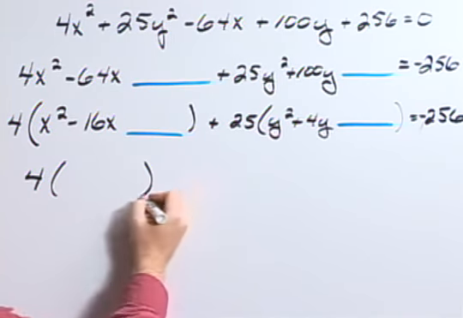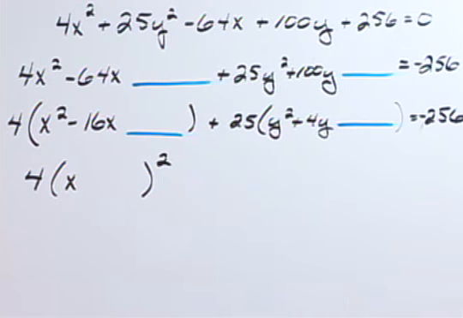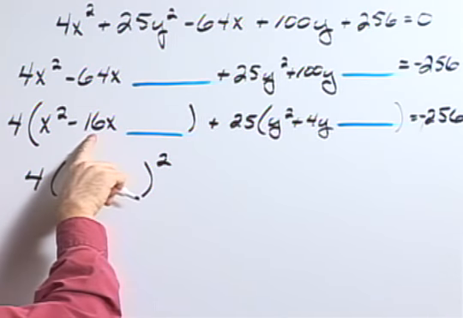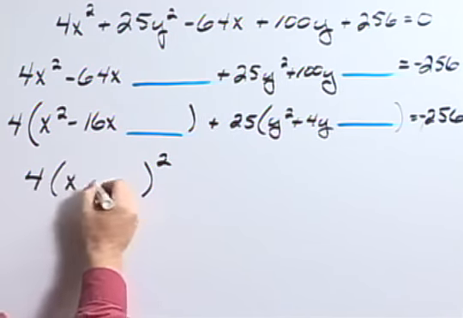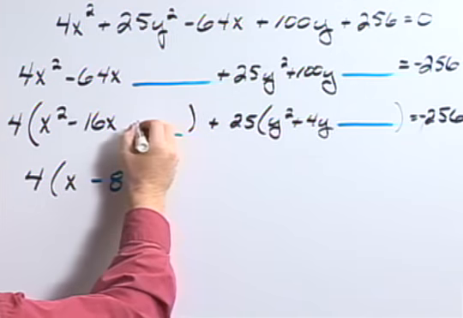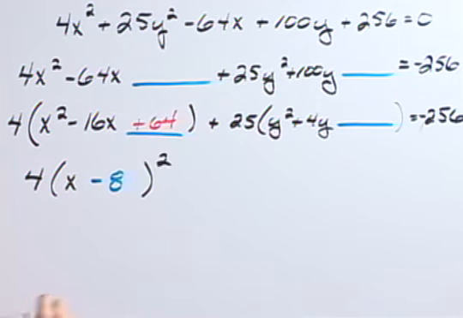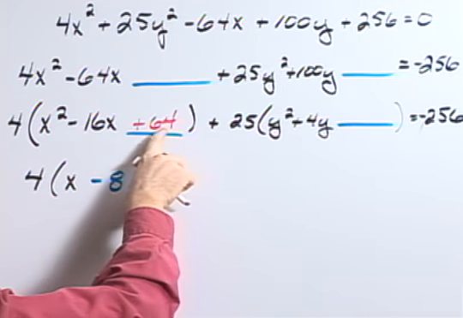Now we're ready to do our completing the square part by asking ourselves, what's half of negative 16, which would be negative 8? And then if I square that, negative 8 squared would be plus 64. Now notice I'm adding a 64.